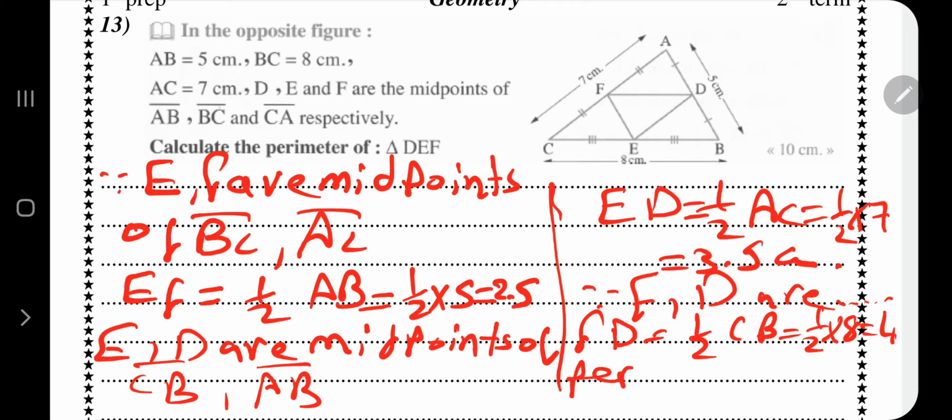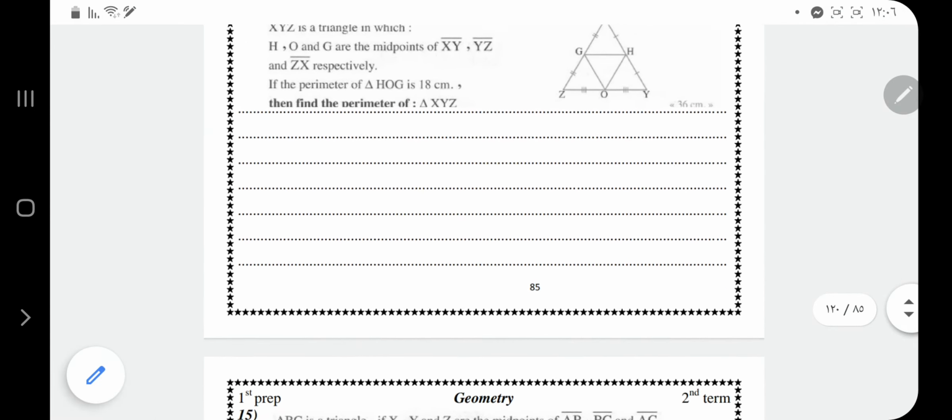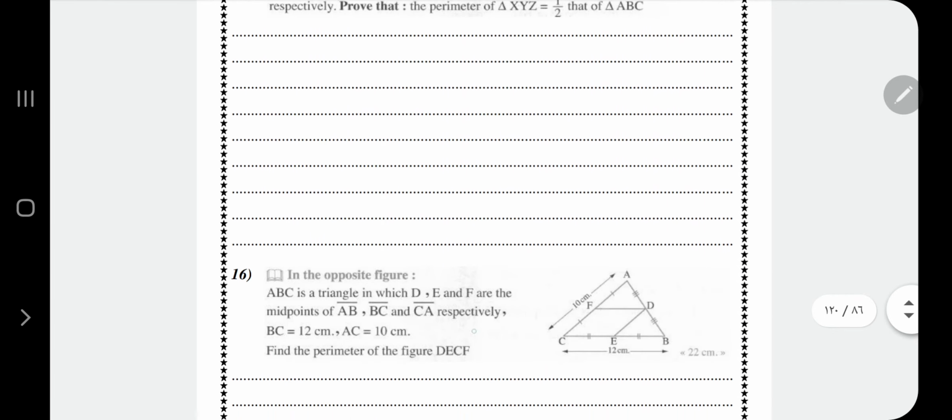So the perimeter will be 4 plus 2.5 plus 3.5, which equals 10 centimeters. By the same steps I will answer example number 14 and so on.